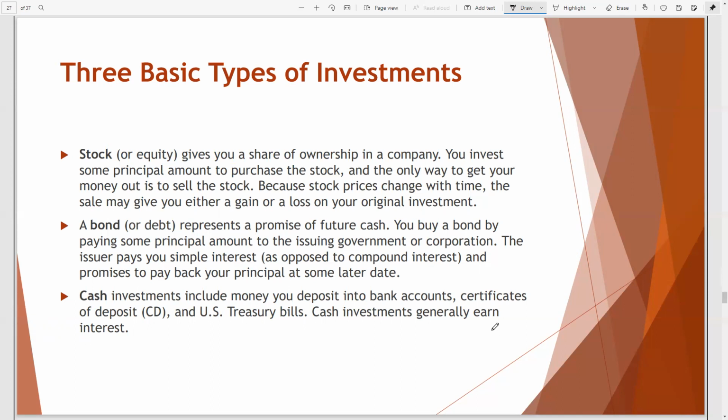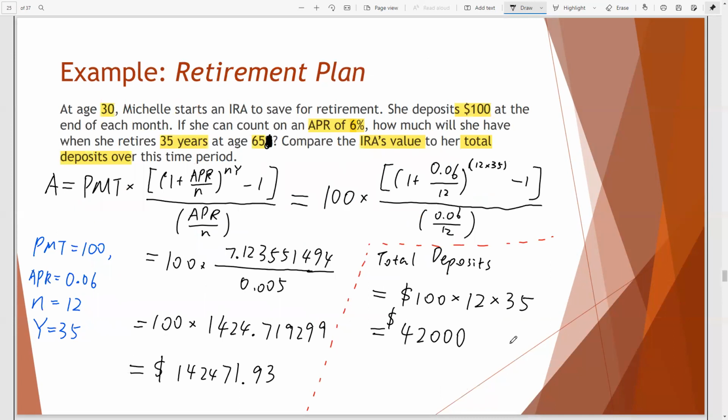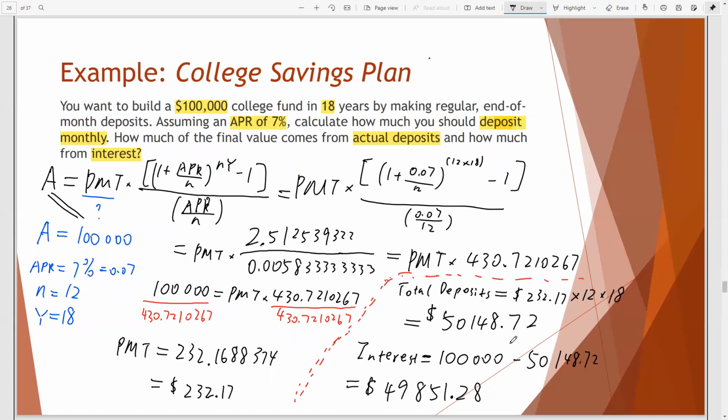In other words, you may gain your money or maybe lose your money. It is more risky than a saving plan fund or an IRA fund. Those are also not a guarantee of that APR, but they are less risky than the stock, right?